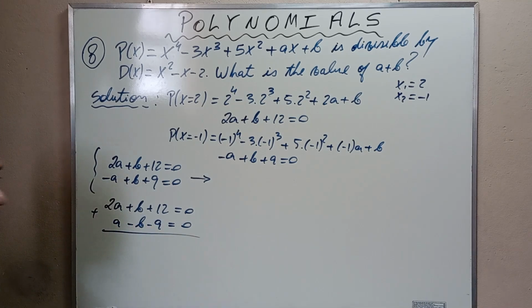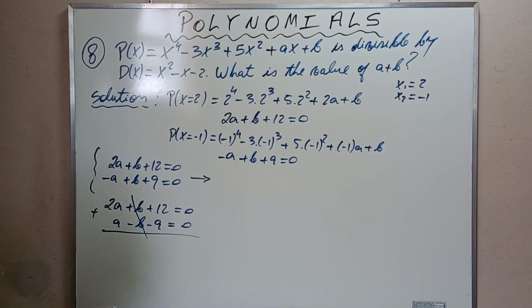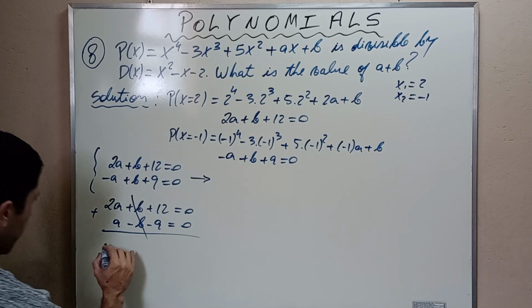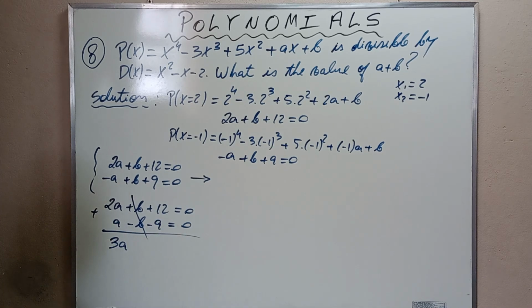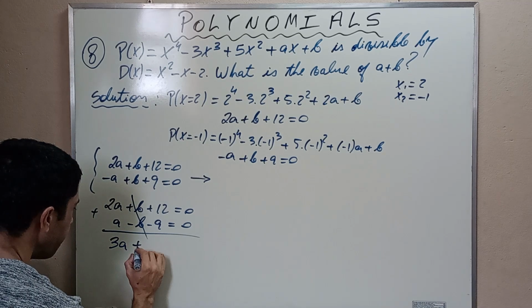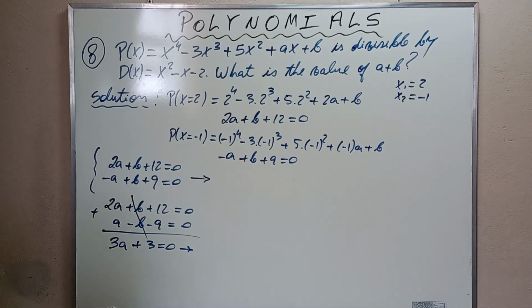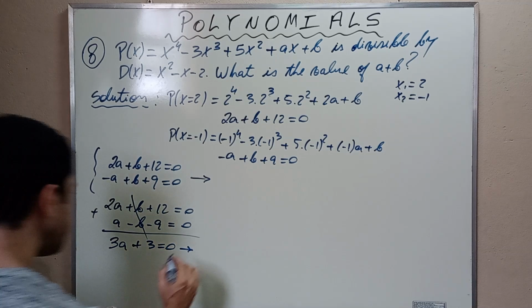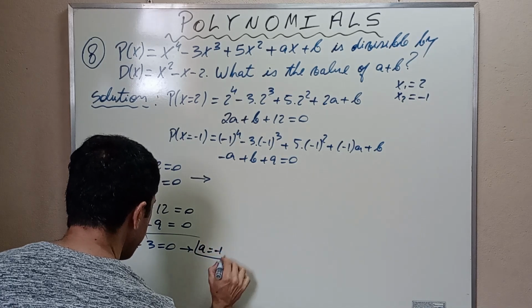We can simply sum them. These guys cancel each other out. 3a, and 12 minus 9 is 3. Thus, we find that a is equal to -1.